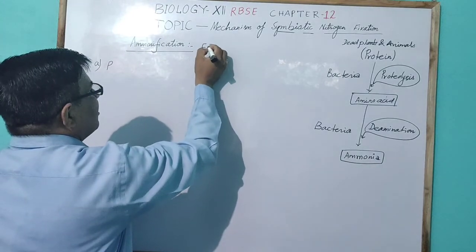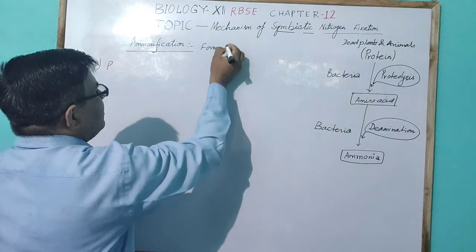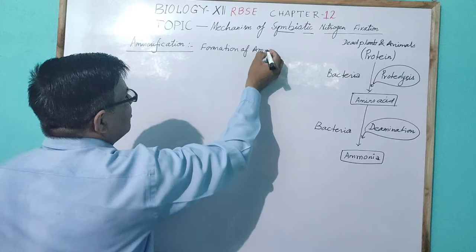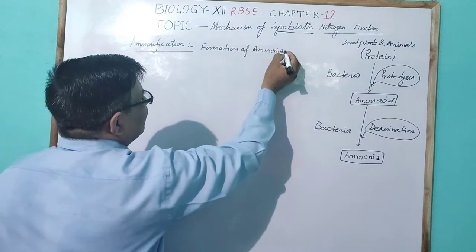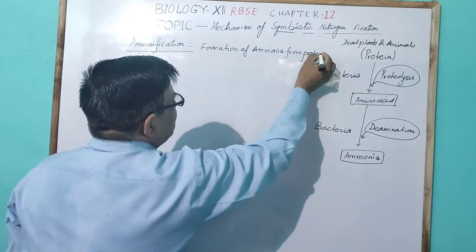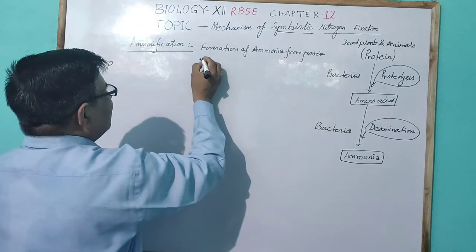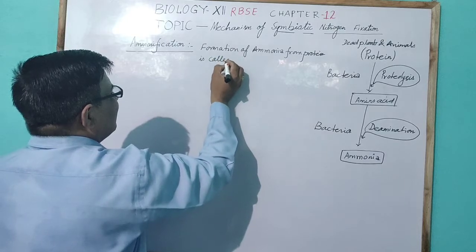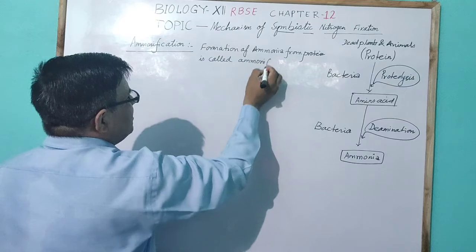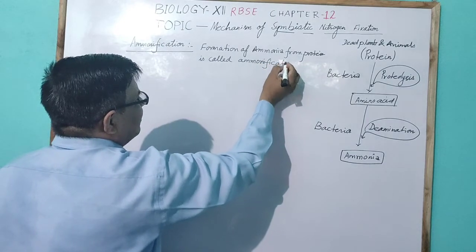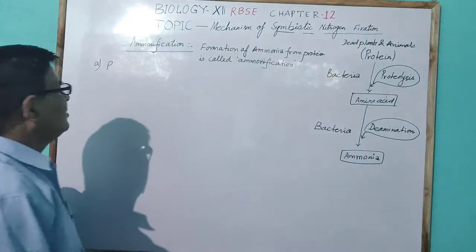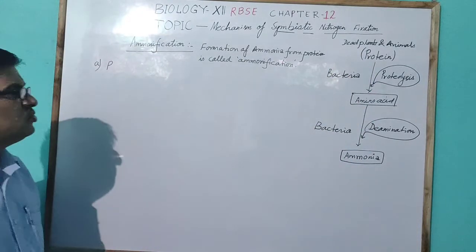Ammonification can be defined as the formation of ammonia from protein. In ammonification, it occurs in the dead plants and animals, and is completed in two steps.